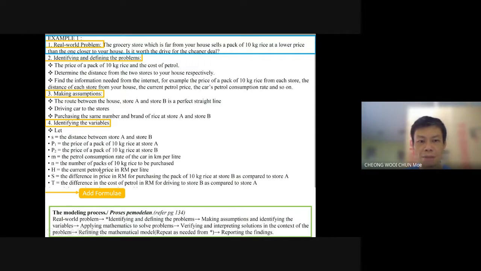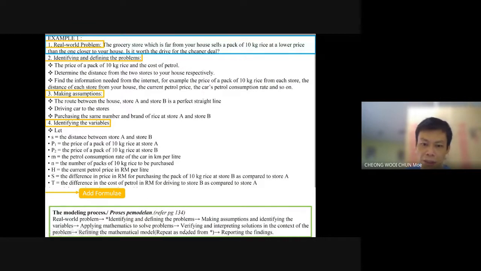H is the current petrol price in ringgit Malaysia per liter. Capital S is the difference in price in ringgit Malaysia for purchasing the pack of 10 kilogram rice at store B as compared to store A. That means the difference of the price. And then T is the difference of the cost of petrol between B and A.